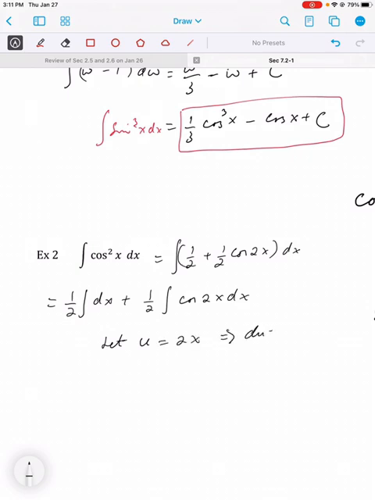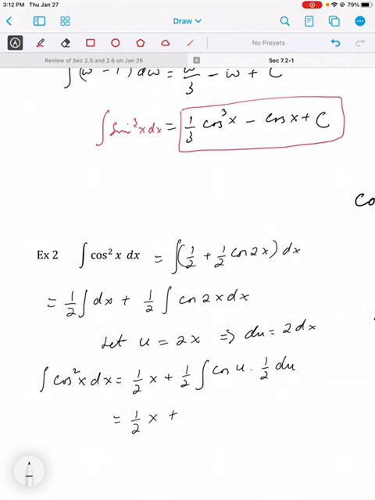Coming back to our integral, we can write it as 1/2 x from the first part plus 1/2 times cosine of u times 1/2 du. That gives us 1/2 x plus 1/4 integral of cosine of u du. But the integral of cosine u is sine u.